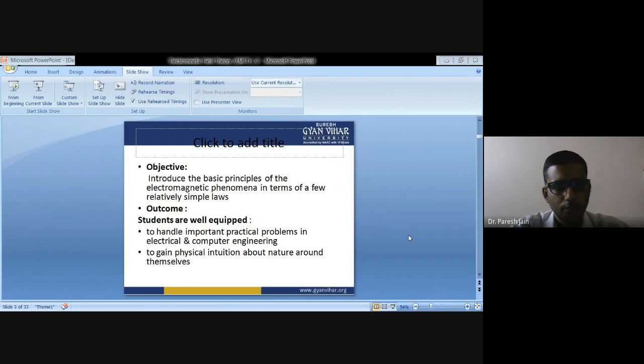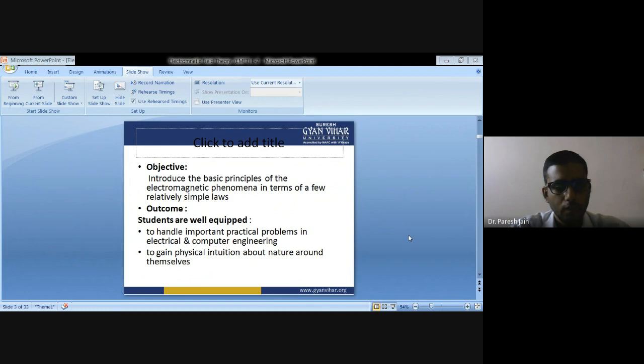The objective of this lecture is to introduce the basic principles of electromagnetic phenomena in terms of a few relatively simple laws. The outcome of this lecture is to handle the important practical problems in electrical and computer engineering and the applications of the electromagnetic field theory.